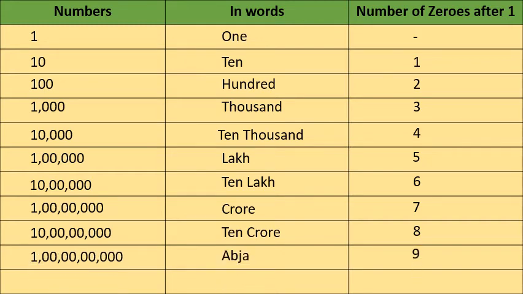Abja has 9 zeros after 1, and last one is 10 abja, that is 10 zeros after 1. See, remember this. These are the places, and we use this to find out the place values. Okay. Lakhs, then 10 lakhs, then crore, 10 crore, abja, 10 abja.